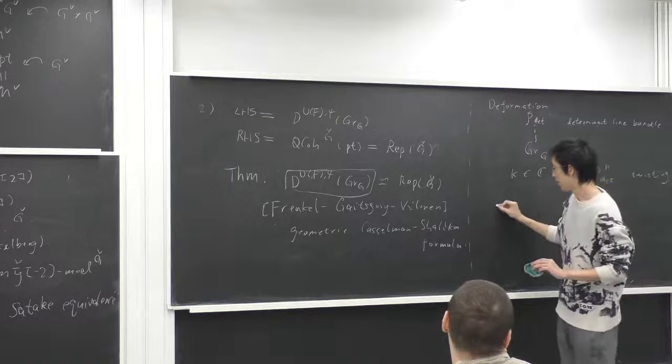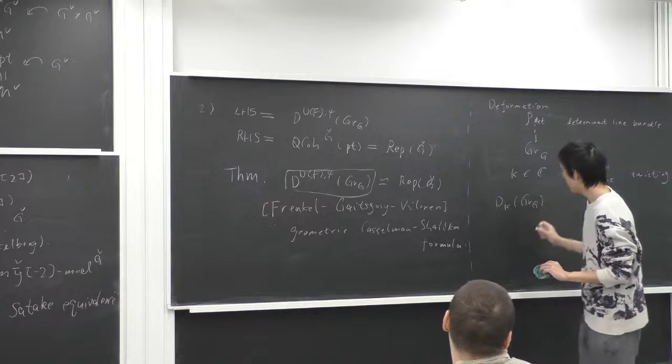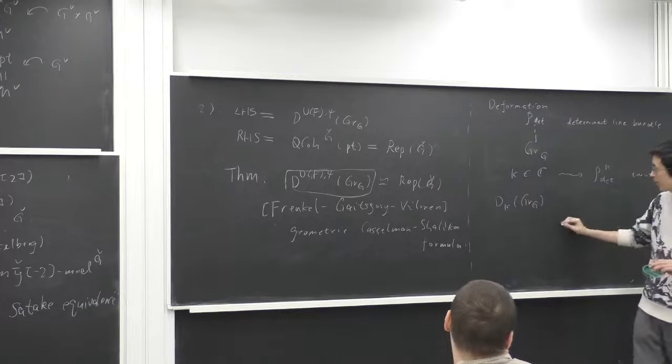And we can consider the category of kappa twisted modules on the Grassmannian.